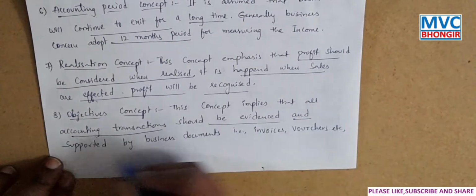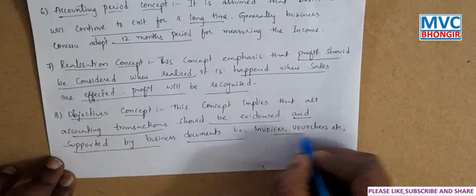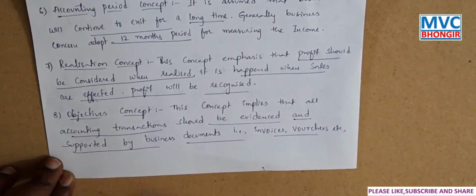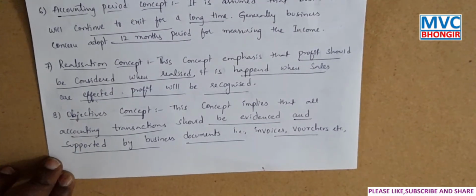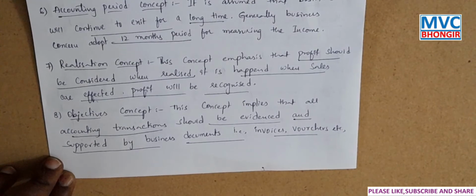So what type of documents or what type of evidence should we have? That is vouchers, invoices. The evidence is supported by business documents, those are invoices. When we sell or purchase, we write some vouchers, etc.